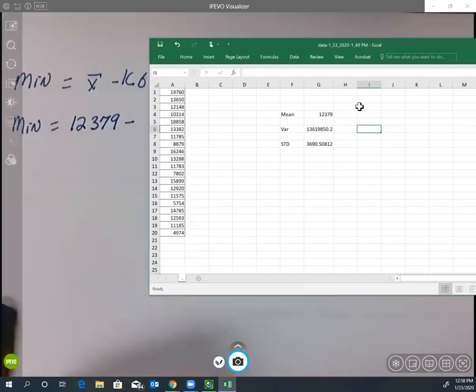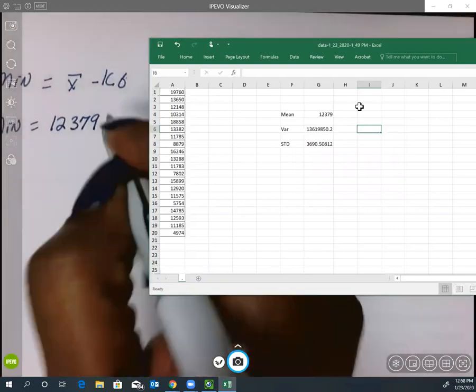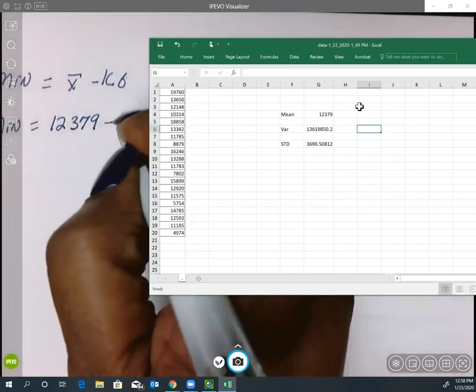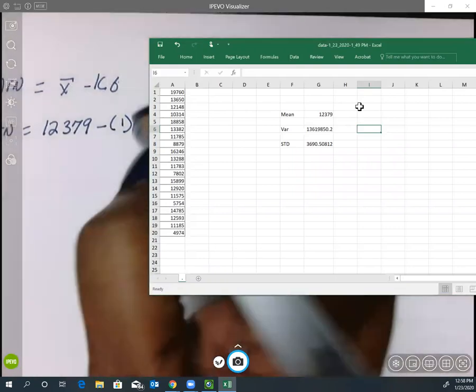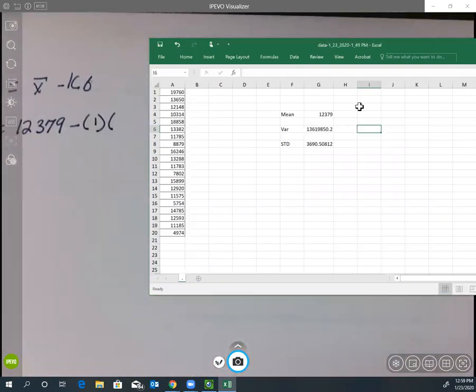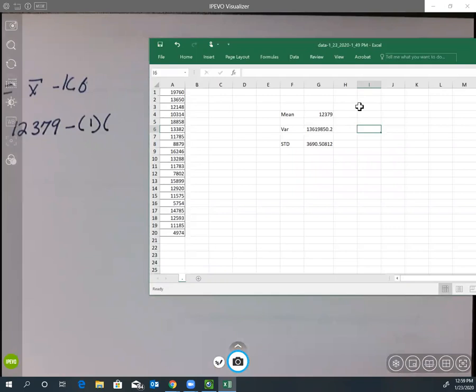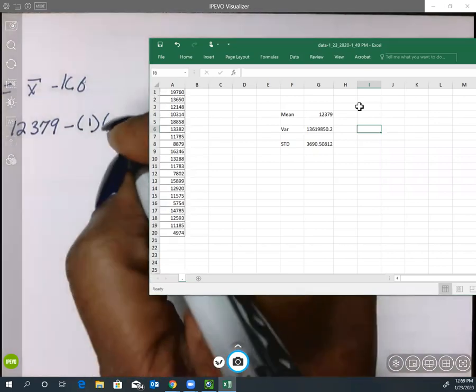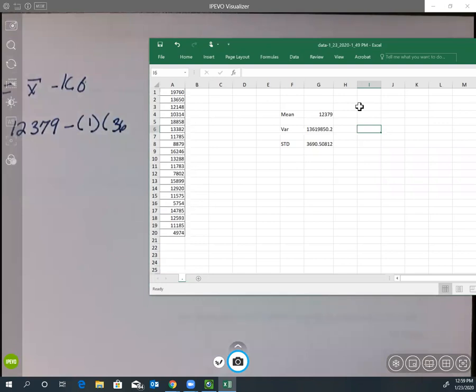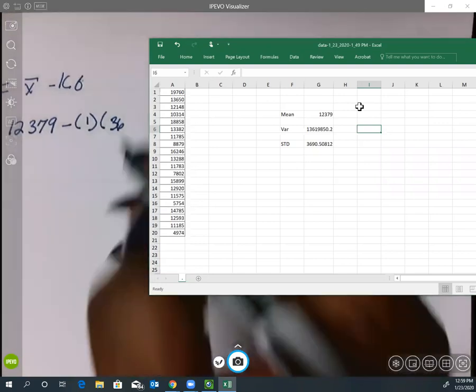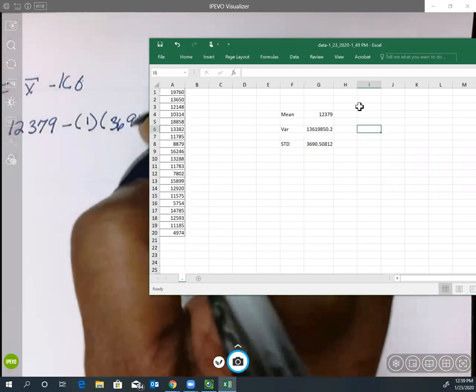Minus k represents the number of standard deviations. So right now, my number of standard deviations is 1 times sigma, which is my standard deviation, which is 3690 or 91.